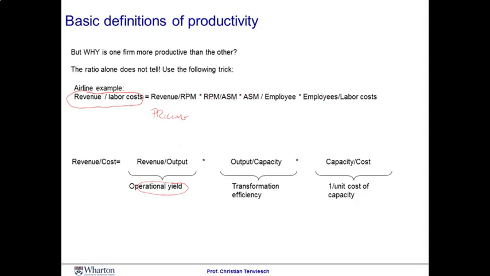How much can we yield? How much do we get out of the capacity that we have available? The revenue passenger miles divided by the available seat miles really measures to what extent we are able to fill our aircraft. In many ways, this is a form of utilization of capacity.